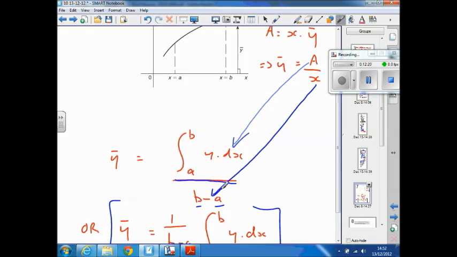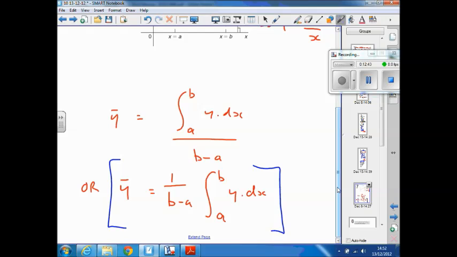It's using the fact that finding the integral between the points a and b allows me to find the area under the curve. So if I divide that area by b minus a, I'll end up with an average value for y. And that's how it works.